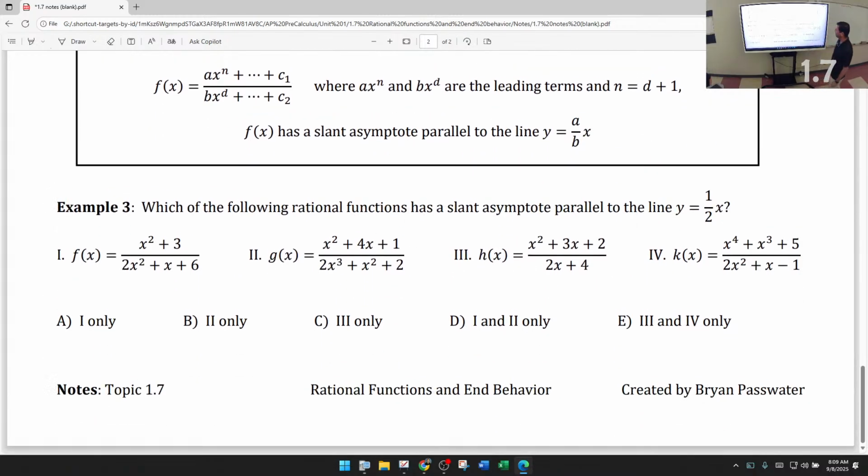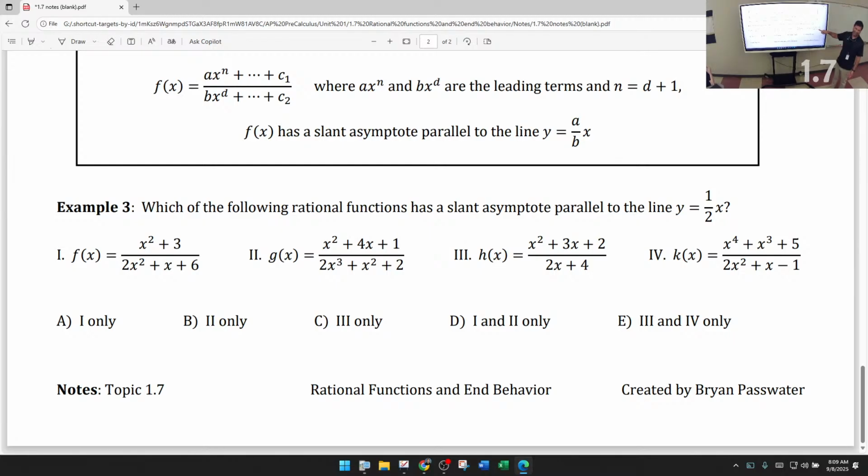Which of the following has a slant asymptote parallel to 1/2 x? And so this is a multiple choice. That's 1, that's 2, that's 3, and that's 4. And I have to choose the one that's parallel. Does that one even have an oblique asymptote? That has an asymptote at 1/2, right? That has a horizontal asymptote.